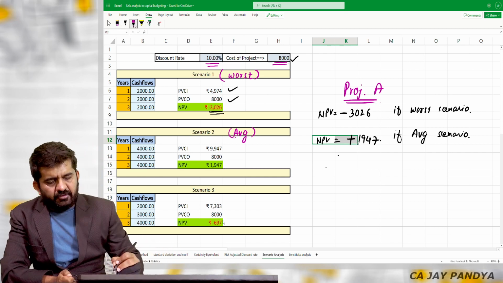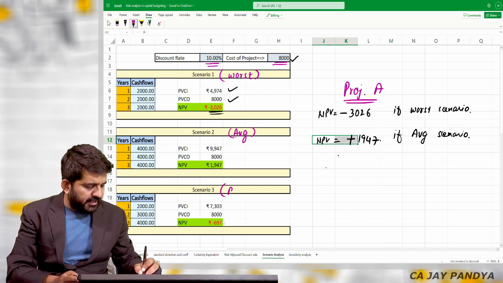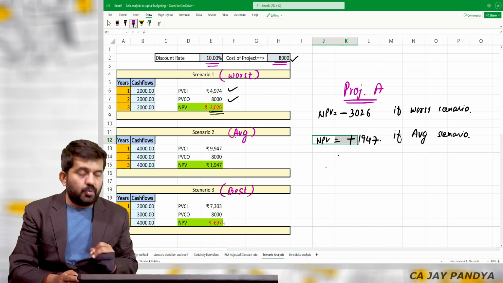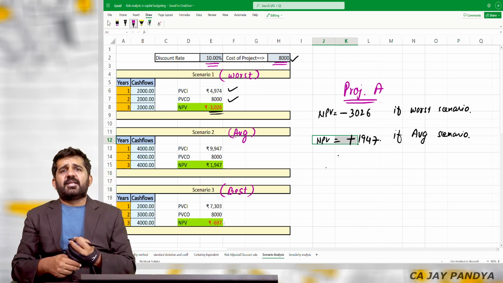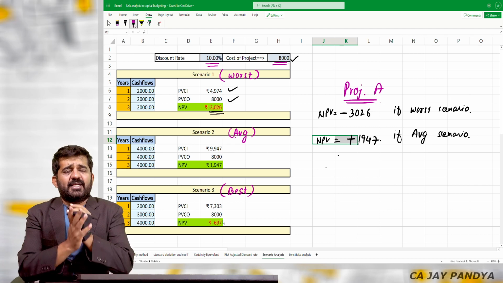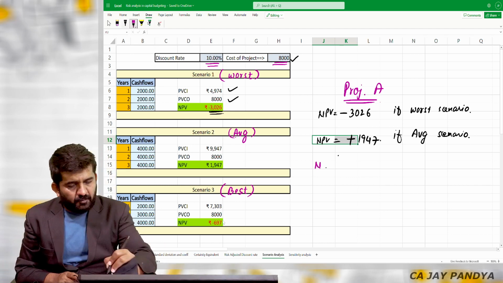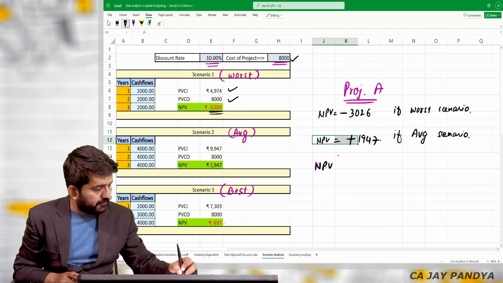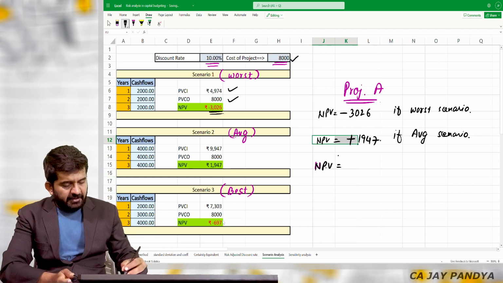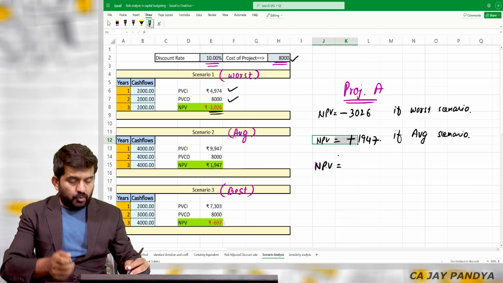Again we go to our economist and ask, if there is a best scenario, if the sale is booming, if the market is booming like anything, then what will be my NPV? What will be my cash flow? 6,000 rupees every year.